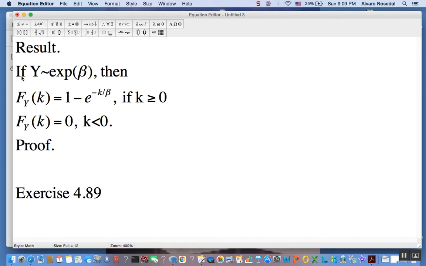What we have here is, if y is a random variable with an exponential distribution and parameter beta, right? Just remember that we statisticians are lazy writers. So instead of writing y is a random variable, y is distributed as an exponential with parameter beta, you'll see this kind of expression in some textbooks, including our own.